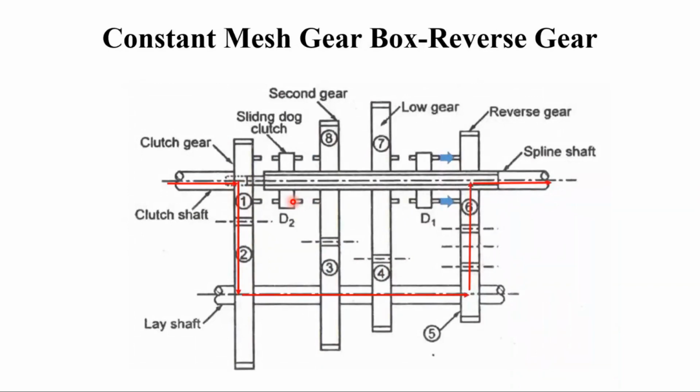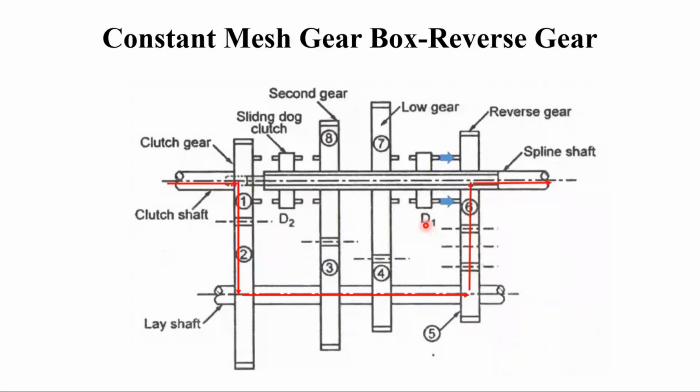Again, you have the reverse gear. When this is moving in a counterclockwise direction, this will move in a clockwise direction. And finally, when it comes to the output, this also moves counterclockwise because you have the idler gear which will reverse the operation from counterclockwise to clockwise to counterclockwise.